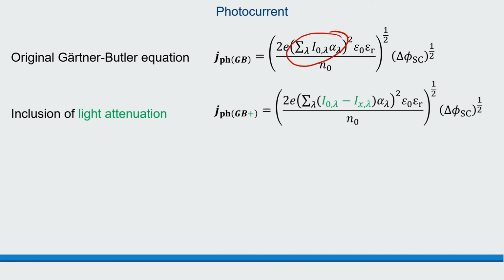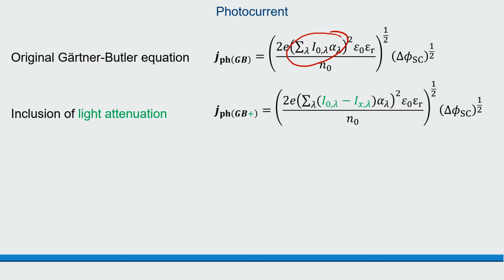Next, this equation is missing some important terms that could make it more realistic, and so there are some corrections that could be made. This first correction is the inclusion of light attenuation by all the components in the electrochemical cell that attenuate light between when it impinges on the outside of the reactor and when it actually arrives at the surface of the semiconductor.